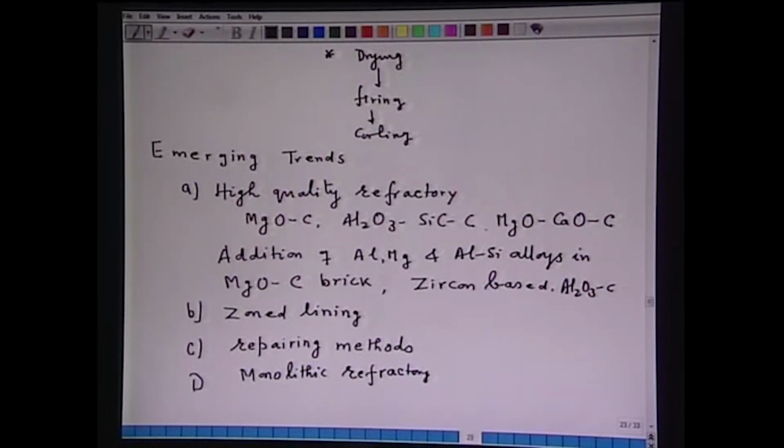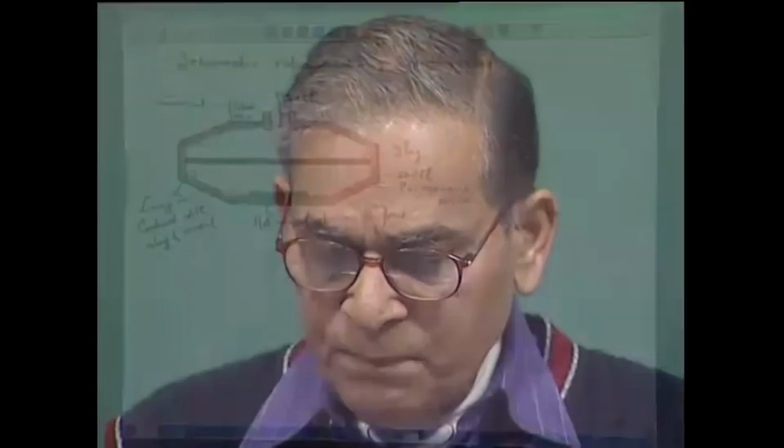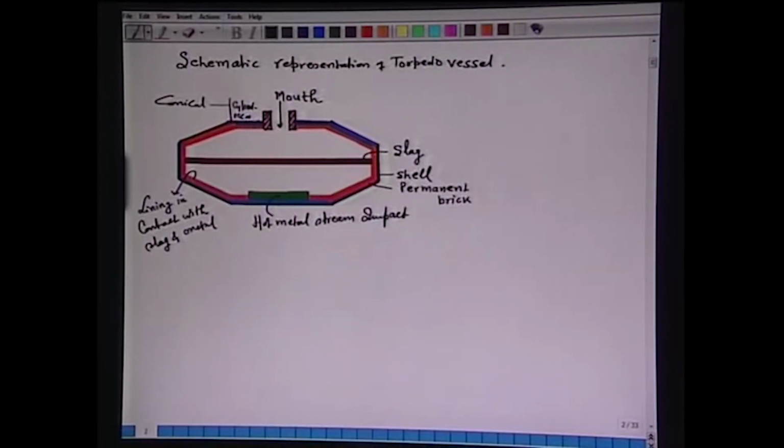So, let me show the zoned lining in certain reactors of steel making, and the first I have selected is a torpedo vessel. A schematic representation of the torpedo vessel is shown in this figure. Now, you see this torpedo vessel has a cylindrical portion and a conical portion.